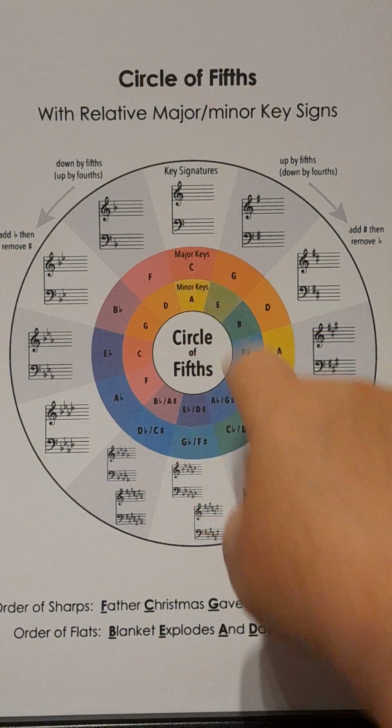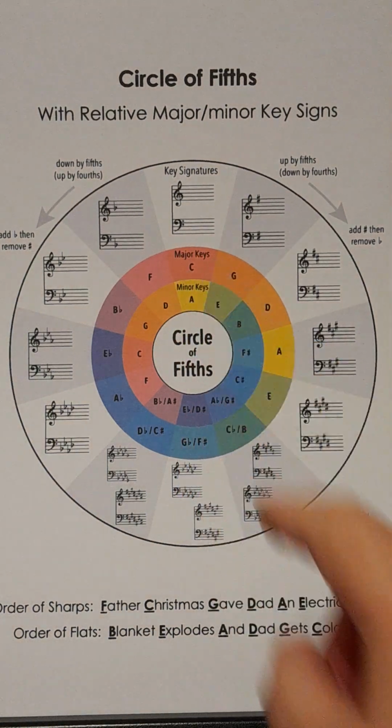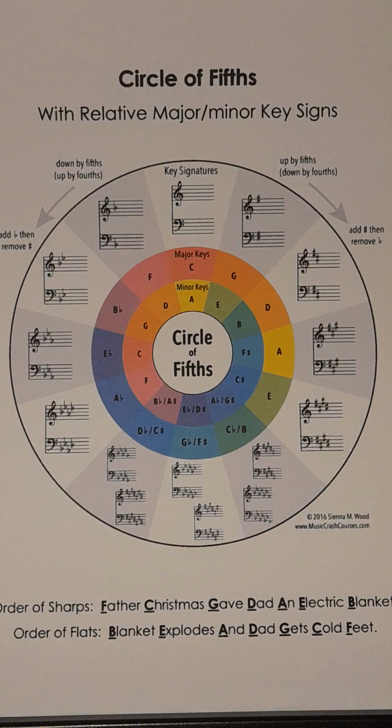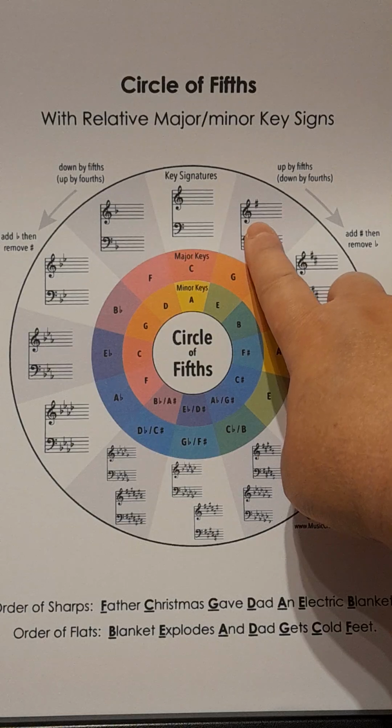The key signature of C major has no sharps or flats, so we hear C, D, E, F, G, A, B, C. The fifth note of the C major scale is G. So if I built a major scale starting with and ending on the key of G, we have G, A, B, C, D, E, F sharp, G, in order to fit the pattern of the sharps and the flats and the whole tones and the semitones.